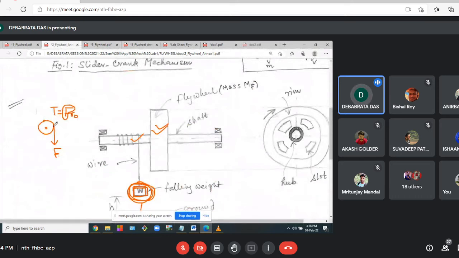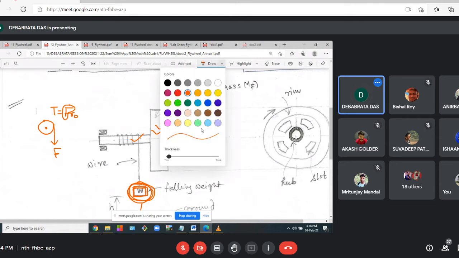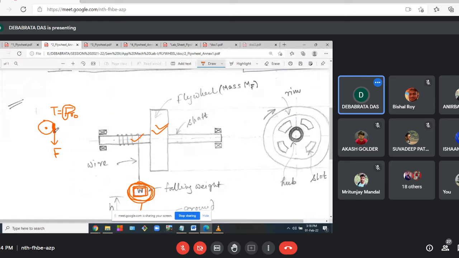This wire has got certain thickness, right? So actually F is acting through the midline of the wire. But while calculating the torque, we have considered only the radius of the shaft.